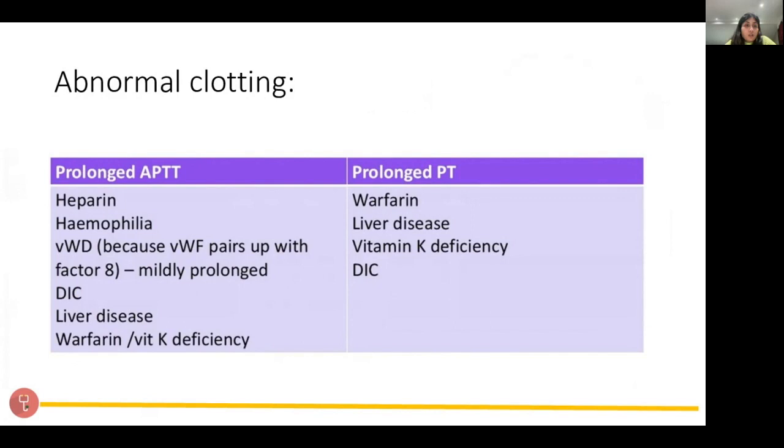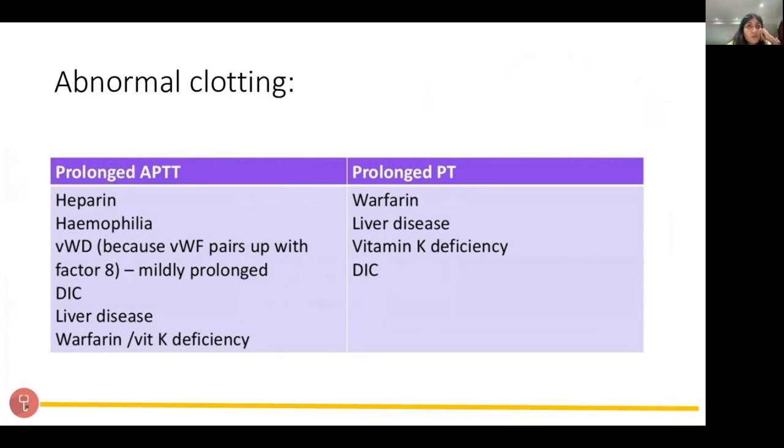With abnormal clotting, to think about what's causing your abnormal clotting, we need to think about what the APTT and the PT is. So if you get a very prolonged APTT, we're thinking about things like heparin, haemophilia as well, von Willebrand's disease, because that involves factor VIII, and then just a few other things on there as well, like DIC, liver disease, vitamin K deficiency.